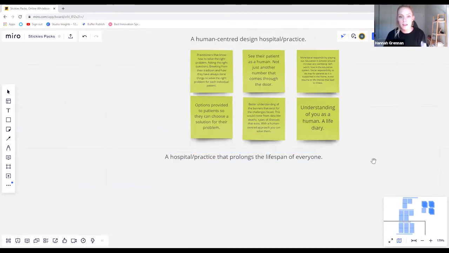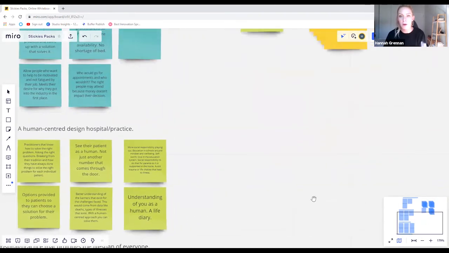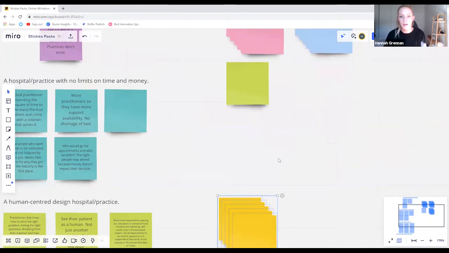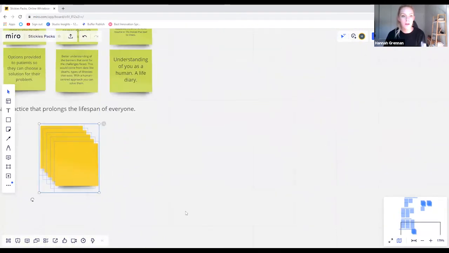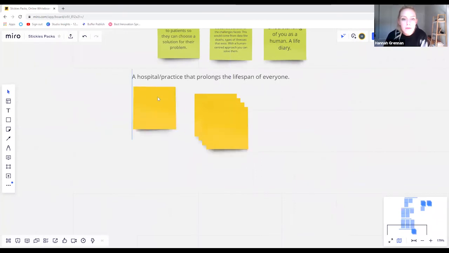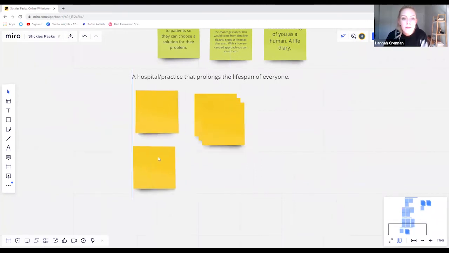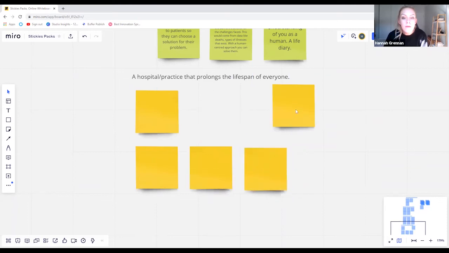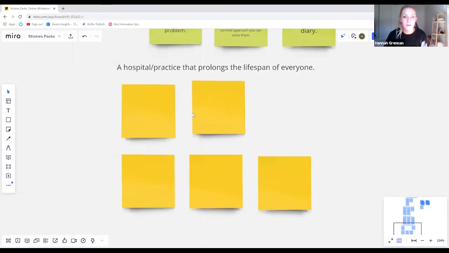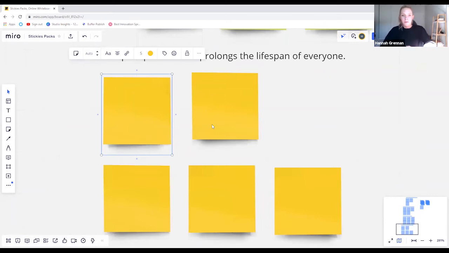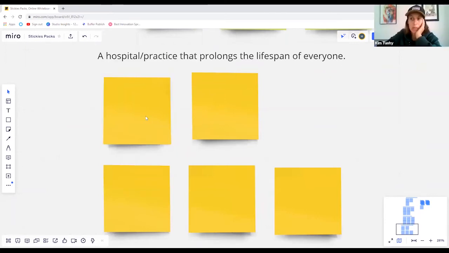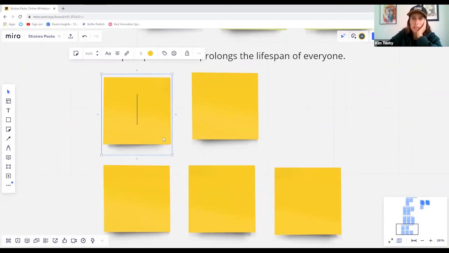So a hospital or practice that prolongs the lifespan of everyone. My immediate response is some of the ones that we said in the human-centered approach definitely carry over to this one.